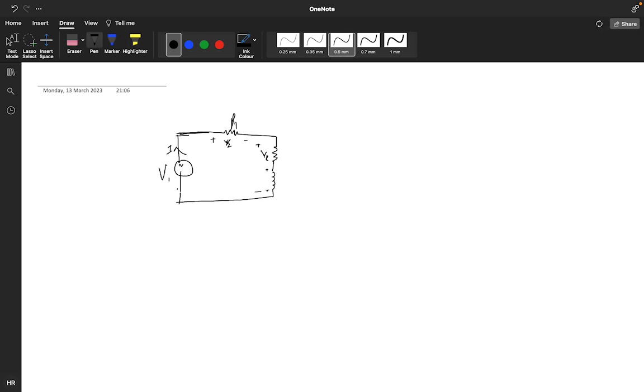And this was positive negative VL, positive to negative VL.